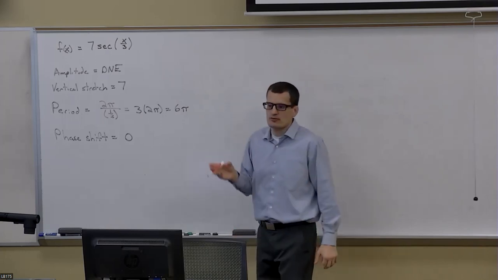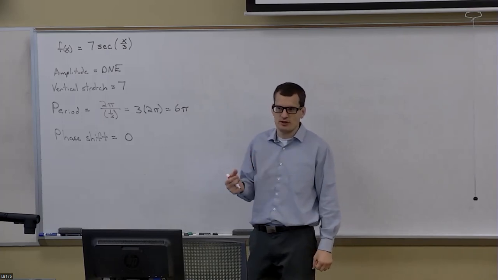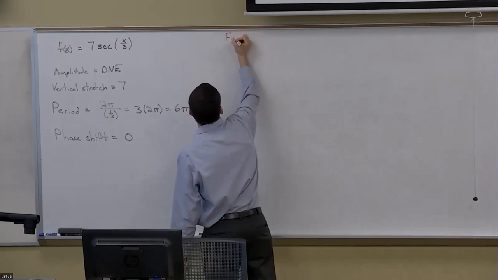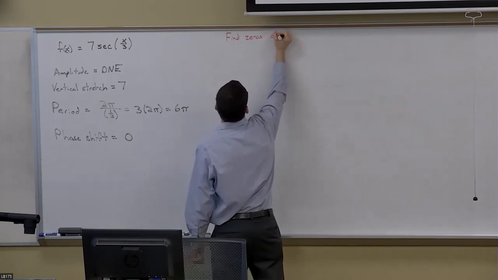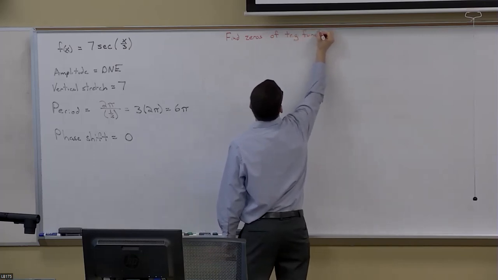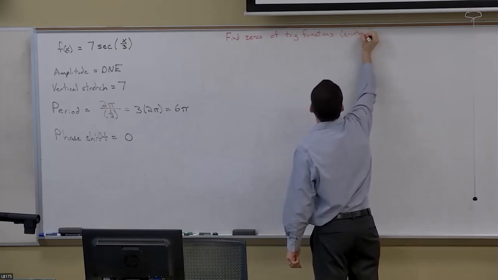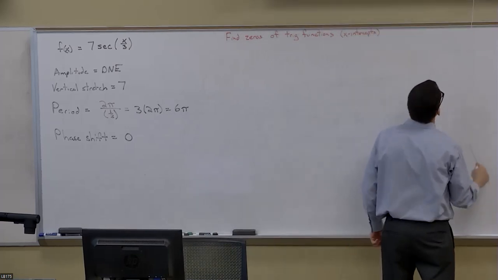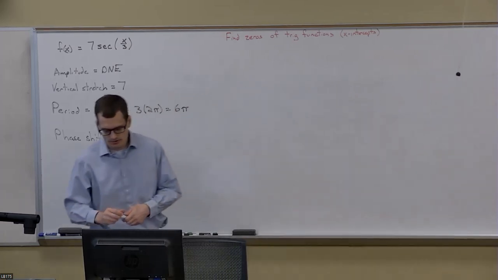Now, the other part of these graphs that we want to focus on is where the x-intercepts or the zeros are. So we're going to find the zeros of trig functions. So remember talking about x-intercepts when we talk about zeros.